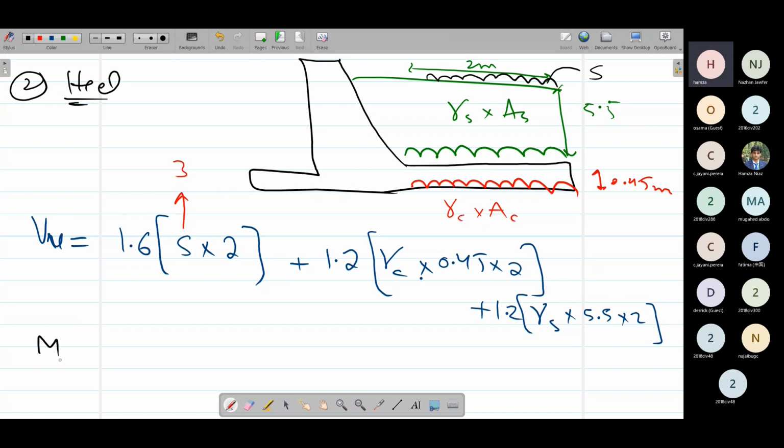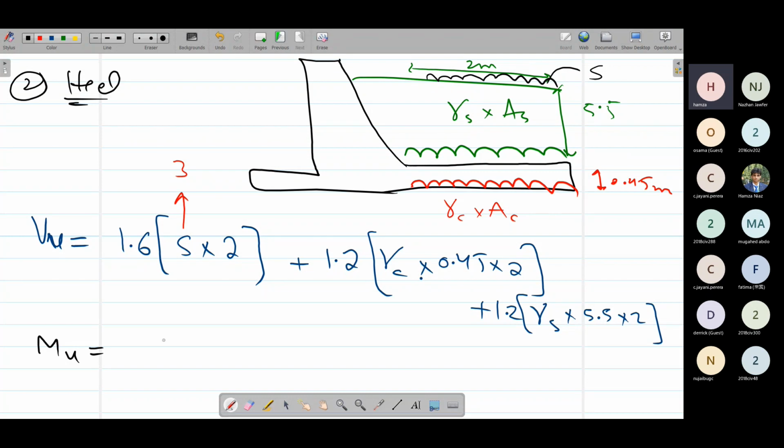After this shear force, the bending moment for a cantilever wall is simple: omega L by 2, so VU times L over 2, where L is the length of heel, 2, over 2. VU we have calculated above, and we multiply by the length of heel over 2. No need to multiply any factor here because we have already applied the overload factors in the shear force.